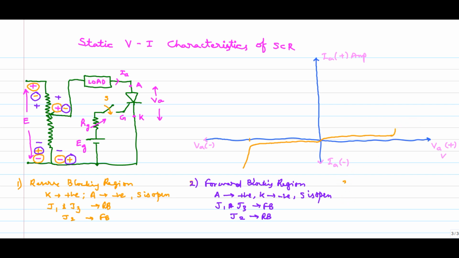We will see here. In the forward conduction region, if S is still open, we have to provide a voltage greater than VBO, the forward breakover voltage, and only then will the device conduct. When the device conducts, a sudden decrease in voltage comes, and later a sudden increase in current.